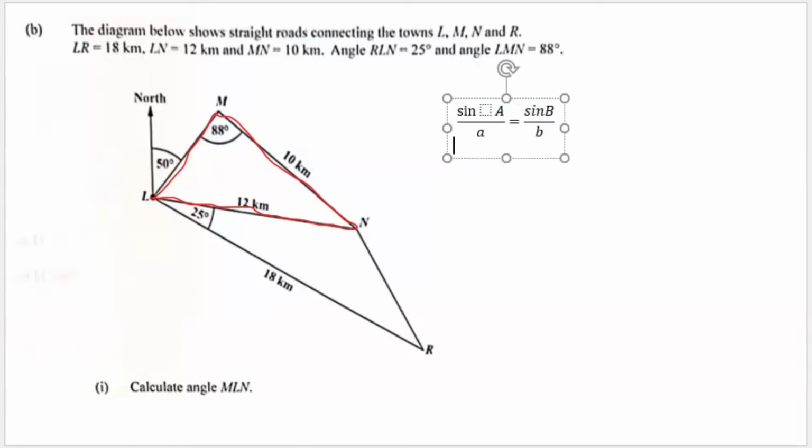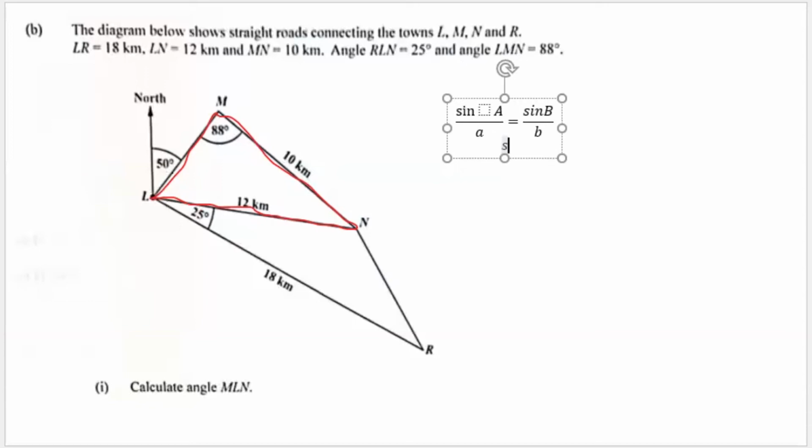So therefore, what we're going to use is sine A. So we can say we're finding sine A. So we're using here sine A with A being 10 kilometers, and then using this as sine B, 88 degrees, and B being 12 kilometers.